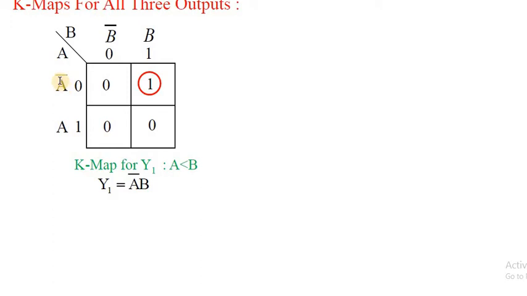This 0 means A bar, this 1 means A, 0 means B bar, this 1 means B. Therefore, for 0 1, here there is 1 in the truth table for y1. Therefore, y1 means A is less than B. Therefore, the value of this group becomes 0 1, which means A bar B. This is the value of y1.